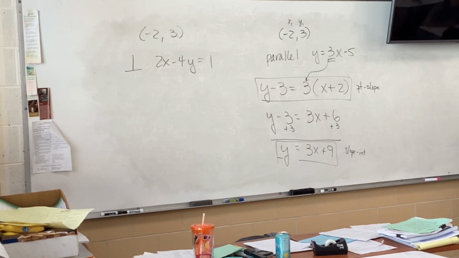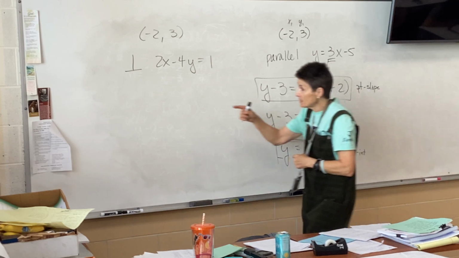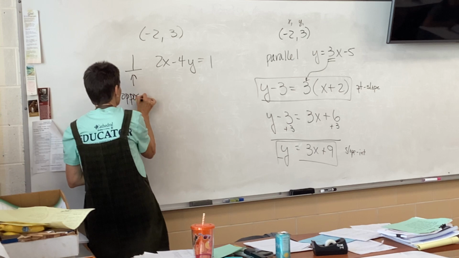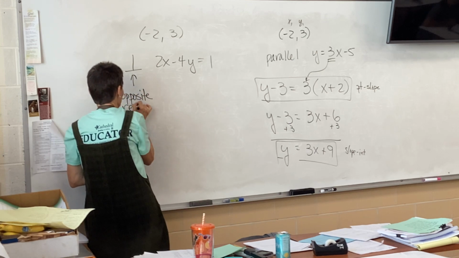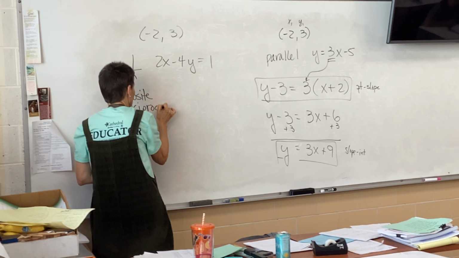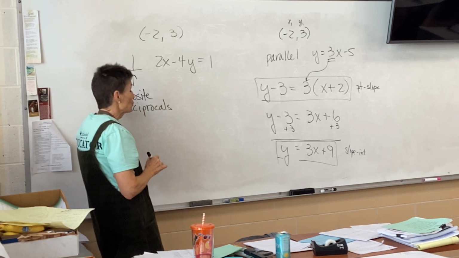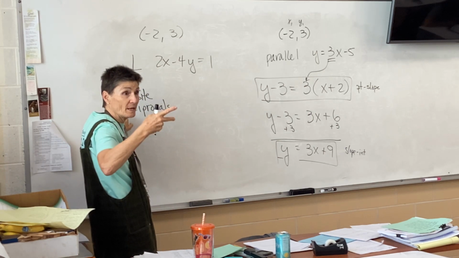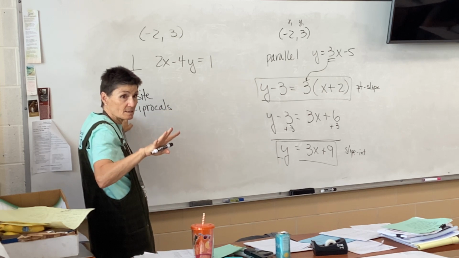The slope is going to change signs, it's going to be the opposite, and also the reciprocal. So perpendicular slopes are opposite reciprocals. So that means you change the sign and you flip it over. You have to do both things.